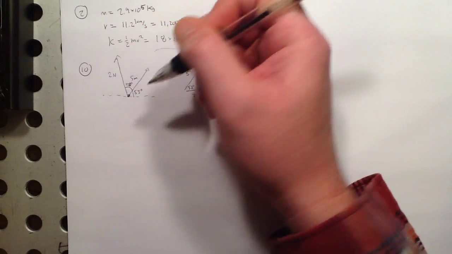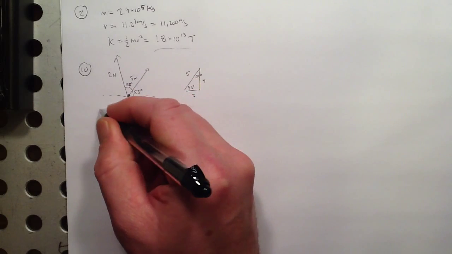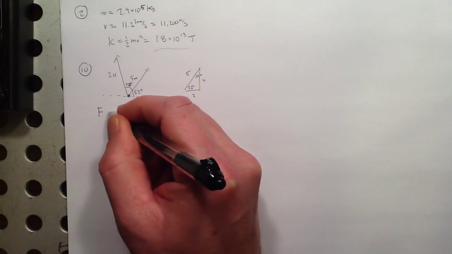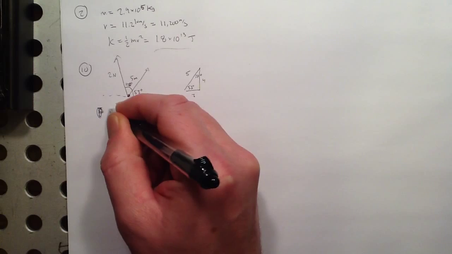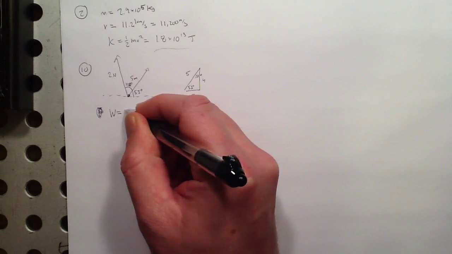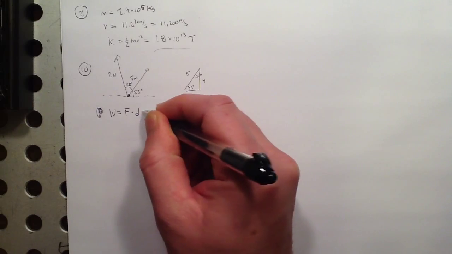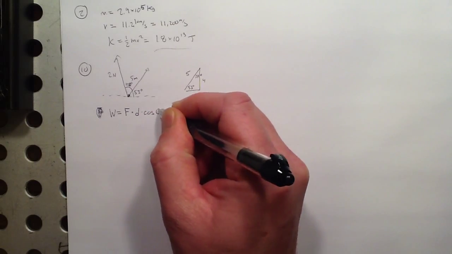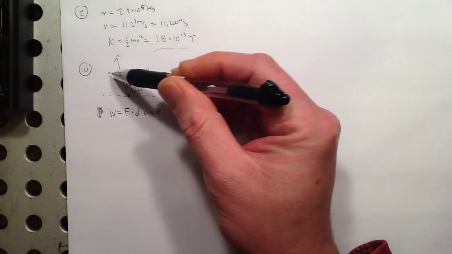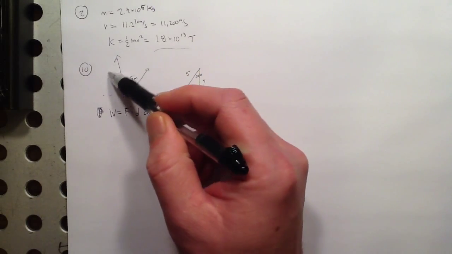That's 2 newtons. So here, if it's a constant force, then we know that work is equal to the dot product of force and distance, which is force times distance times the cosine of the angle between them. So it's not just force times distance, 2 times 5.